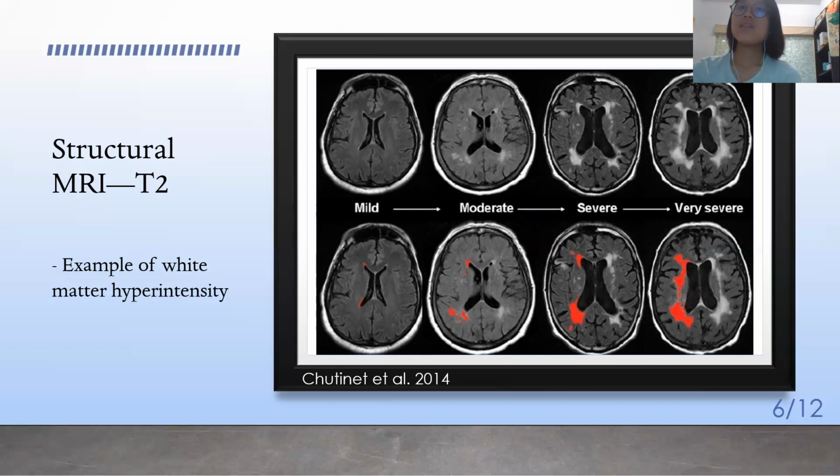And because the MRI signal is sensitive to different tissue characteristics, we can see volume changes with the MRI signal.